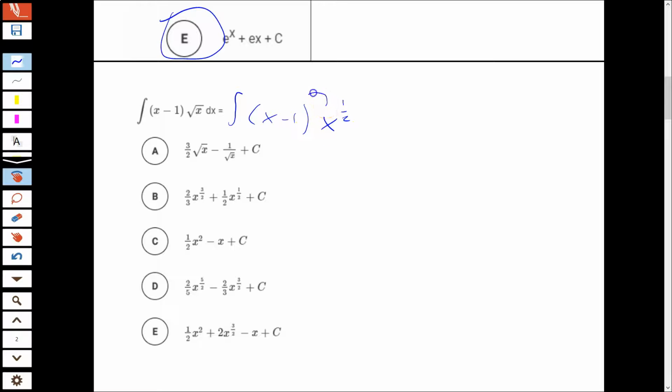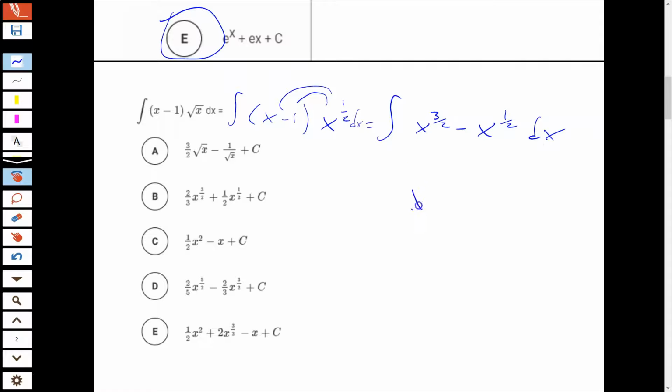So I'm going to go boom, boom. That gives me the integral of x to the 3/2, because x to the first times x to the 1/2, 1 plus 1/2 is 3/2, minus x to the 1/2 dx, and now it's just a power rule integral, right?